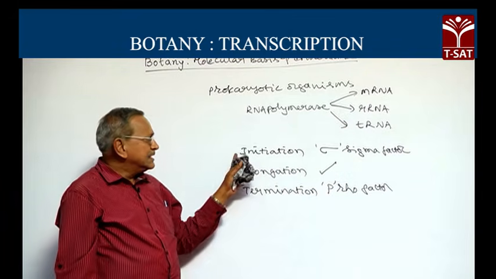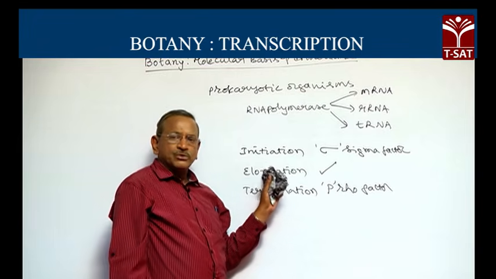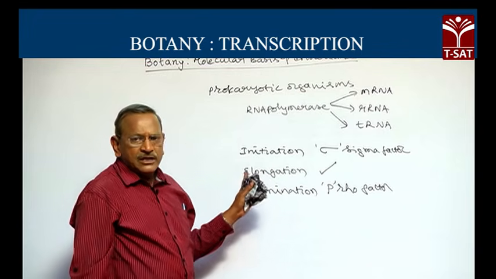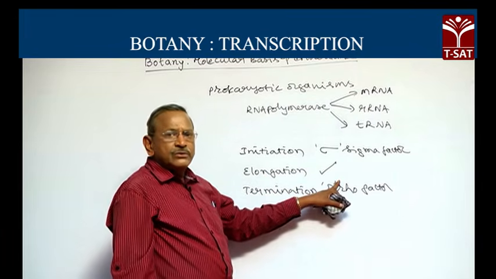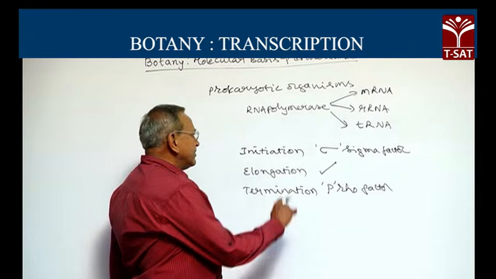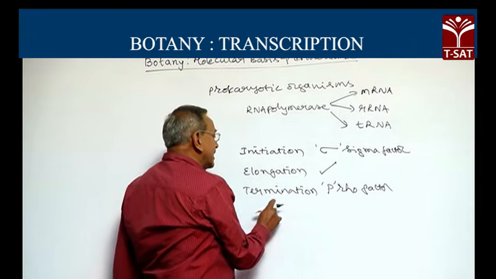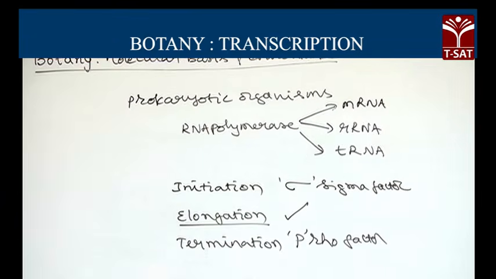And what are they? Initiation, elongation and termination. On its own, DNA dependent RNA polymerase can perform elongation only and not initiation and termination. For initiation, sigma factor is required. For termination, rho factor is required.